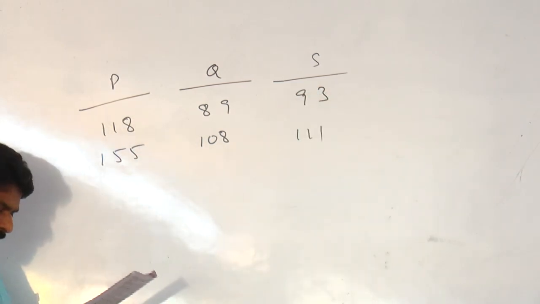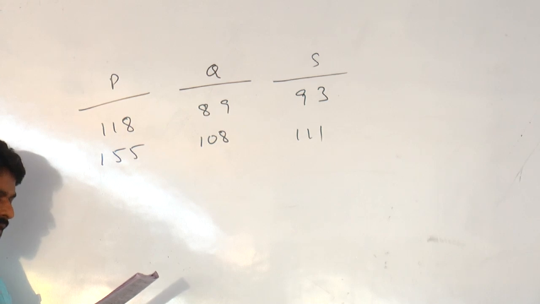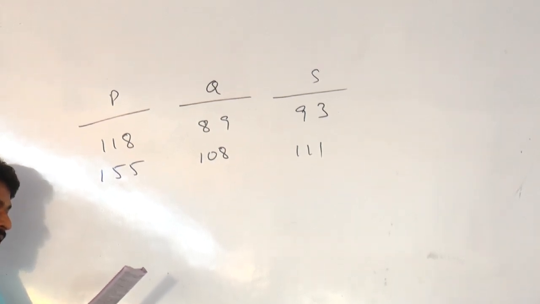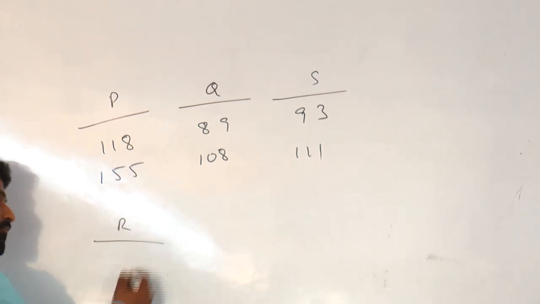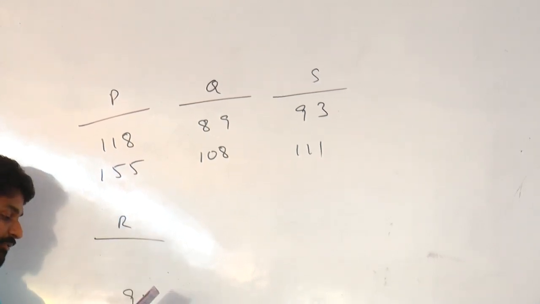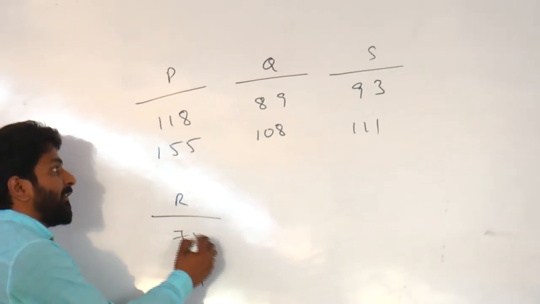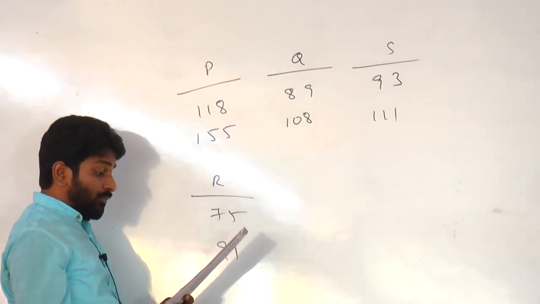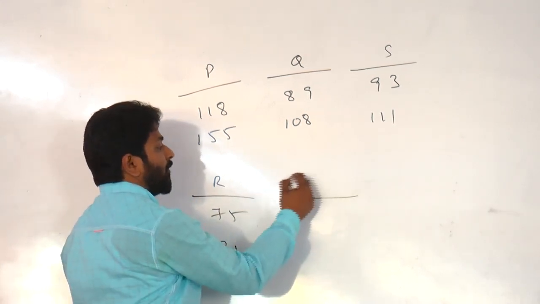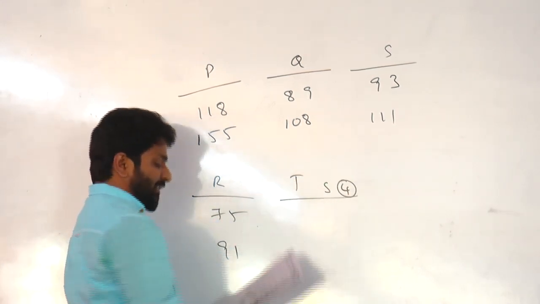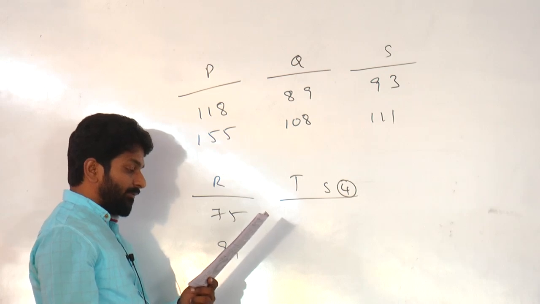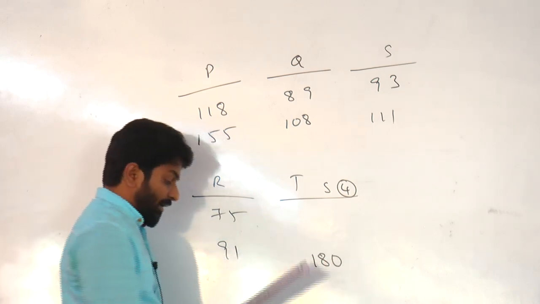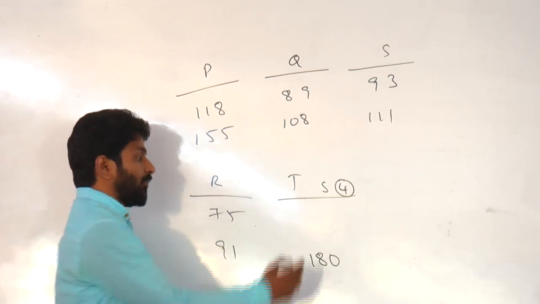And then fourth option, town R, season 3, we have 91 and previous year it was 75. And the last option, town Q, season 4. Season 4 we have, wait a minute, 180 and then 105.